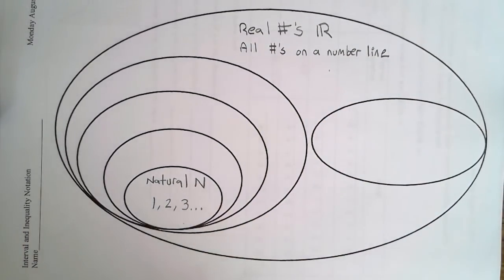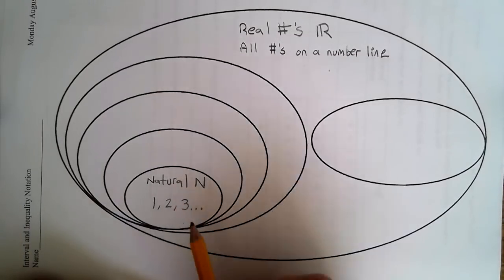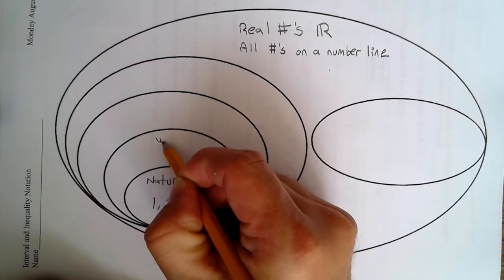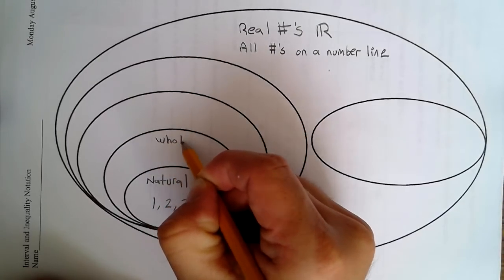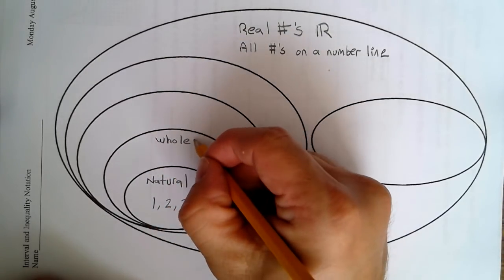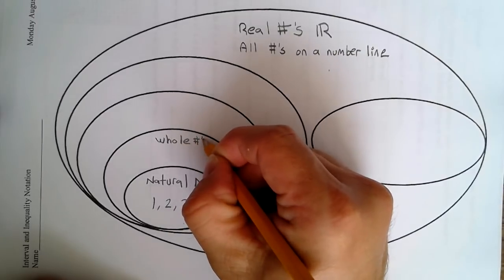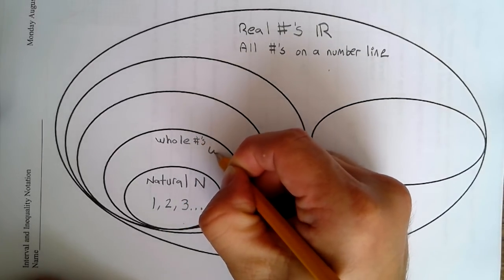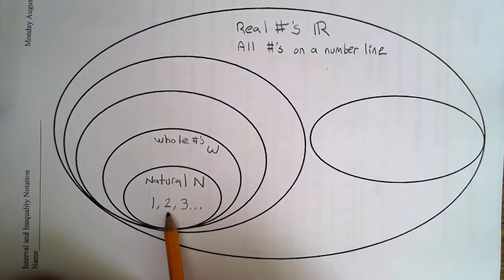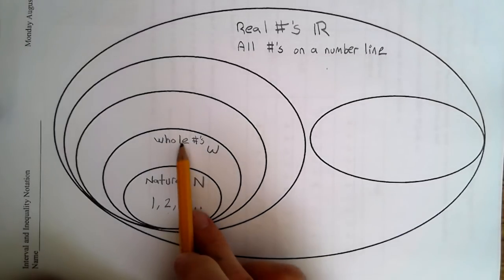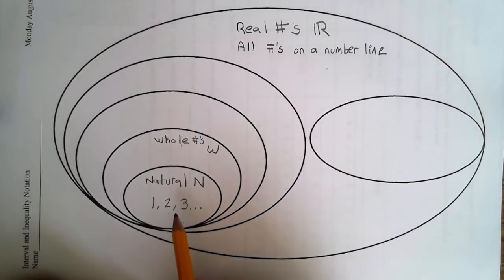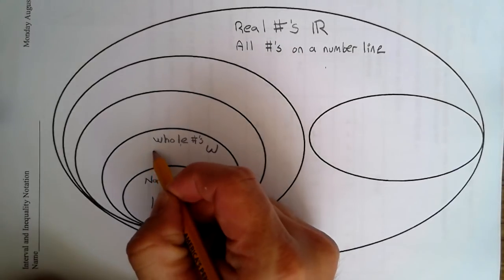All right. Now, the next is you have whole numbers, which we represent with a capital W. Now, all natural numbers are whole numbers, but not all whole numbers are natural numbers. And the difference between natural and whole is 0.